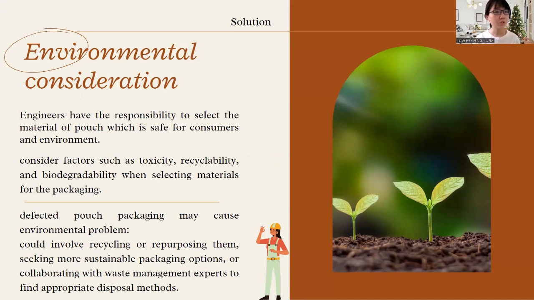The defective pouch packaging, which has creases and wrinkles, may cause environmental problems because it will be disposed of. So this could involve recycling or repurposing them, seeking more sustainable packaging options, or collaborating with waste management experts to find appropriate disposal methods.